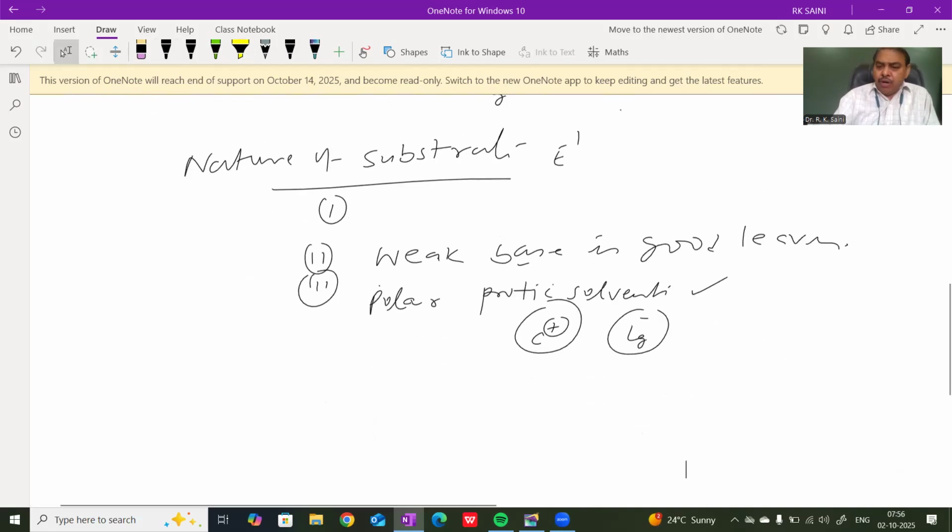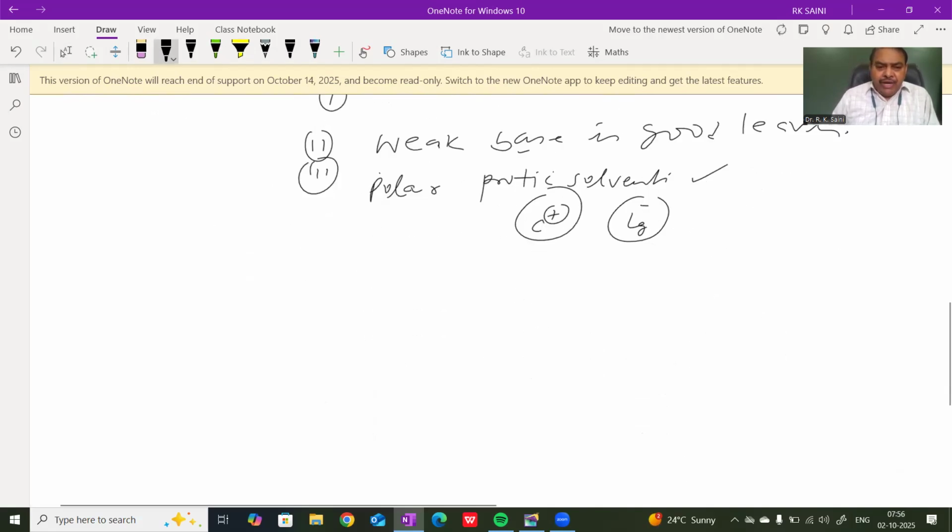And next, high temperature favors elimination reaction because in it breaking of bonds takes place. Therefore, temperature should be higher than room temperature; then the substrate is active toward elimination.